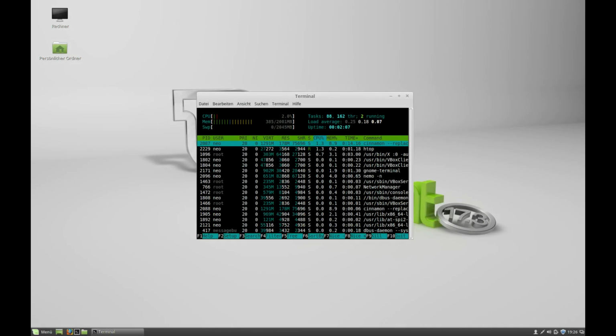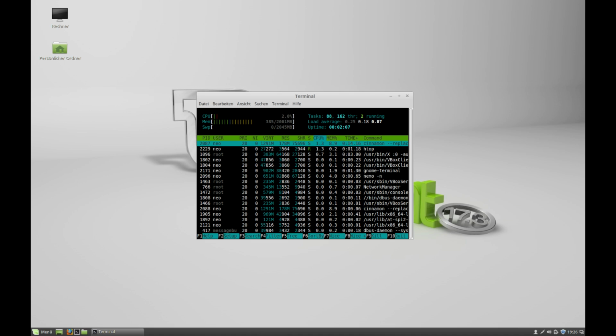This is Linux Mint 17.3 Cinnamon. This is the only distribution in this video which is not based on Ubuntu 16.04, it's based on 14.04.